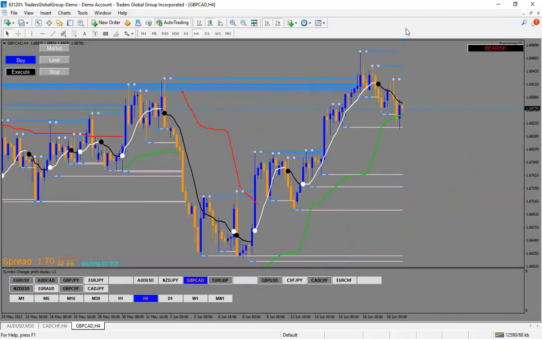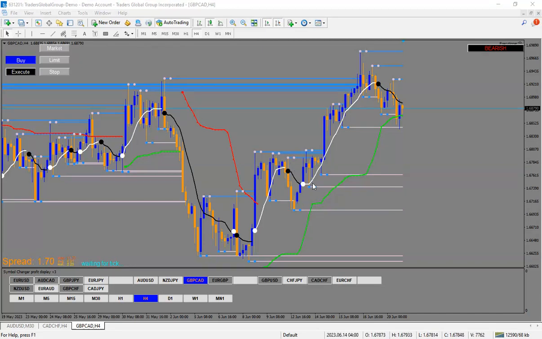So any more questions? Okay, I see one question on the chat. You say with the white and black again, how do we use that when looking for a setup? So we only use the white and black again when we already know our bias for the day. If our bias is green, we are looking for entries within a buy setup.